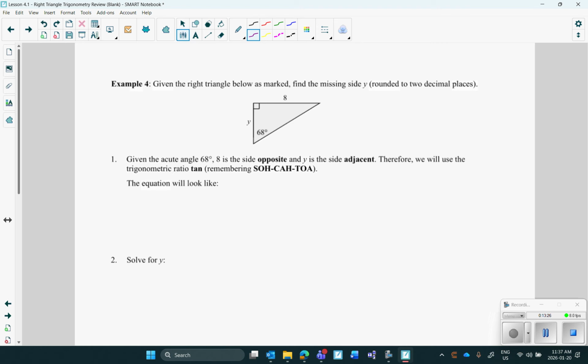This side is called the opposite, which means the trig ratio I'd use is tan. So the tan of the angle, 68 degrees, is equal to the opposite side, 8, over the adjacent side, which is the unknown.